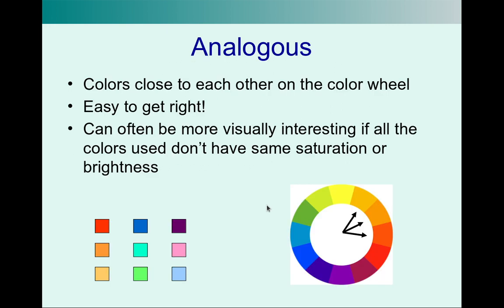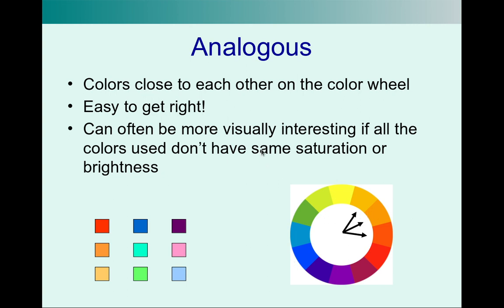Next is analogous. Here colors close to each other on the color wheel are used. For example, these colors which are close to each other on the color wheel can be used. So it becomes very easy because they'll be close to each other, in contrast to the previous complementary scheme where we need to find out whether they are exactly opposite to each other.